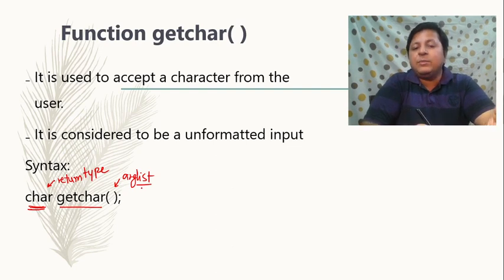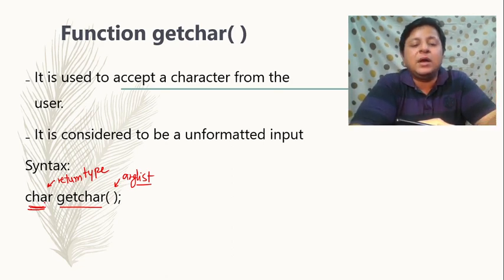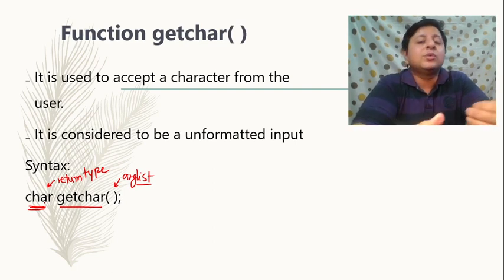But we are looking at an inbuilt function because function syntax is always the same: name of the function, argument list and return type. Here you can see the return type is char. That means the type of data to be returned by getchar is character type, which is very correct because that's what we expect getchar to read from the user.